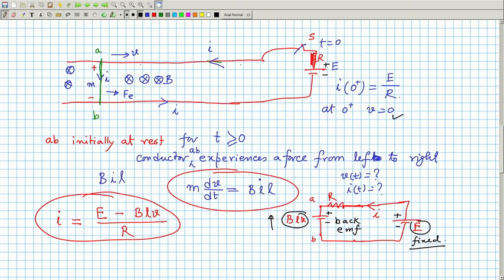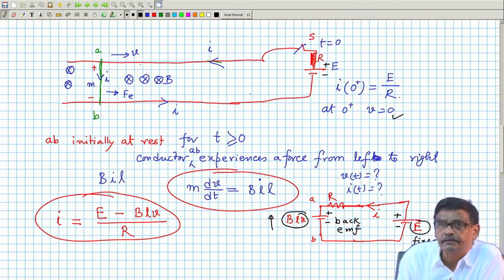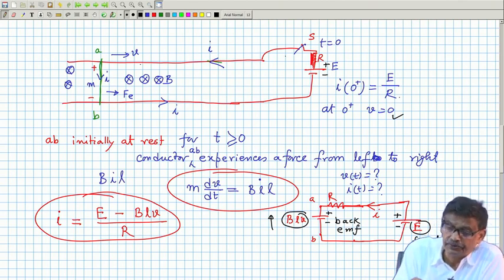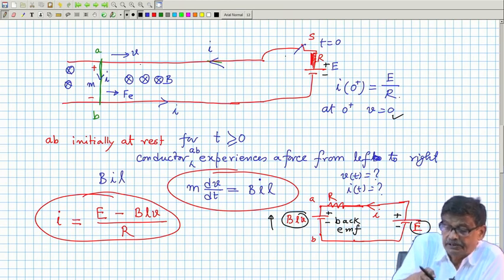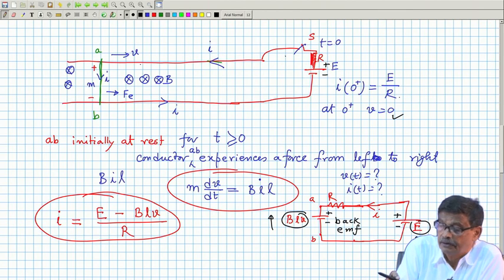But will the conductor go on moving? Yes, it will, because you have assumed a frictionless track. Therefore, after you have closed the switch, it was stationary, it will accelerate, and it will finally attain such a velocity which will make BLv equal to E, or v equal to E by BL.